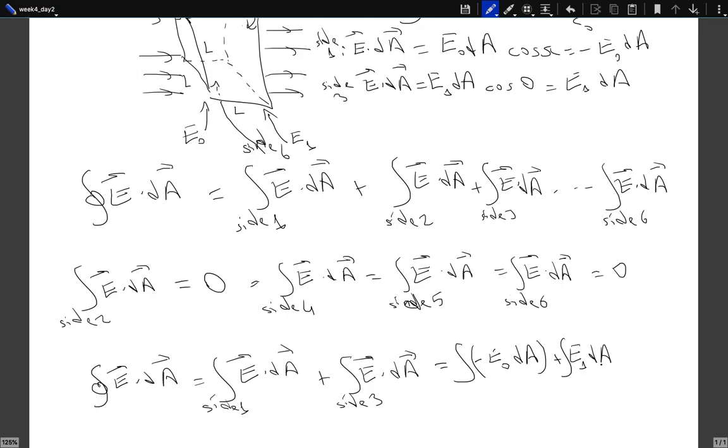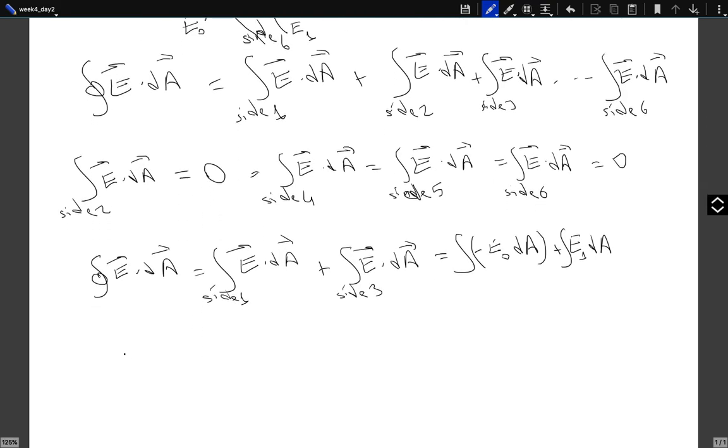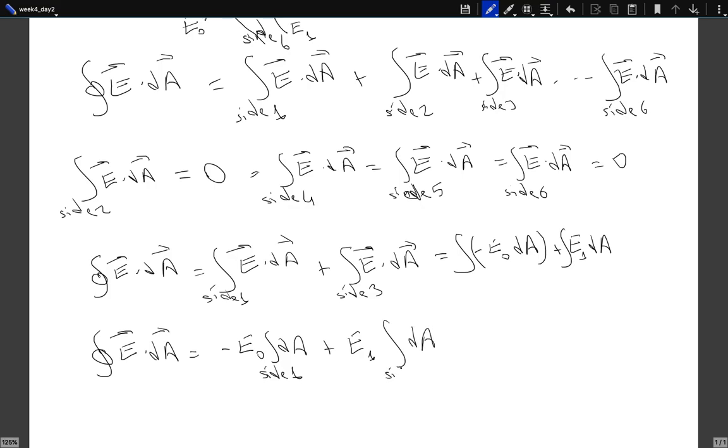Now E0 and E1 are just constants. I can take them out of the integral. If I take them out of the integral, this is just minus E0 dA on side 1 plus E1 times dA on side 3.